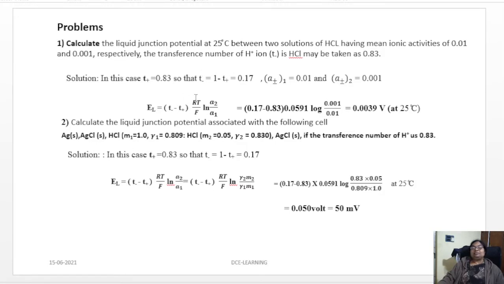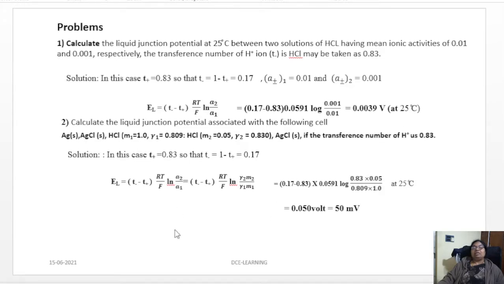Once you know the transference number of any one ion, you can easily calculate the other. Here A1 is equal to 0.01 and A2 is equal to 0.001. Using the Nernst relationship, E_L is equal to (T minus minus T plus) into RT by F into ln of A2 by A1. Substituting those values, it becomes 0.039 volts at 25 degrees centigrade.